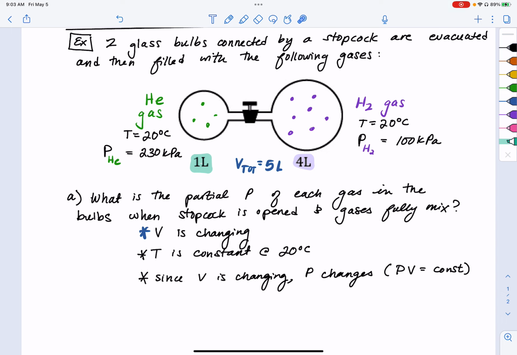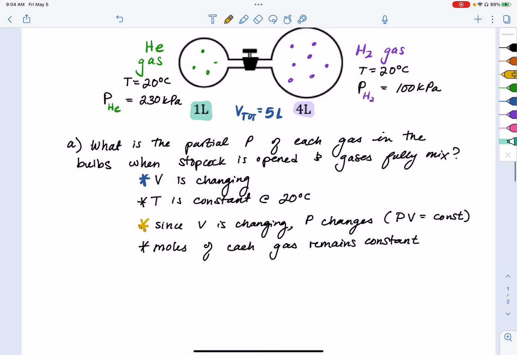So again, since we weren't told anything about a reaction happening that might change our quantities of each of our gases, we have the moles of each gas staying the same, right? We are not, once we've opened this stopcock, adding any more gas to the system. We are just opening and allowing our original quantities of gas particles to mix. So we've got volume changing, we've also got pressure changing, temperature is constant, and moles is constant.